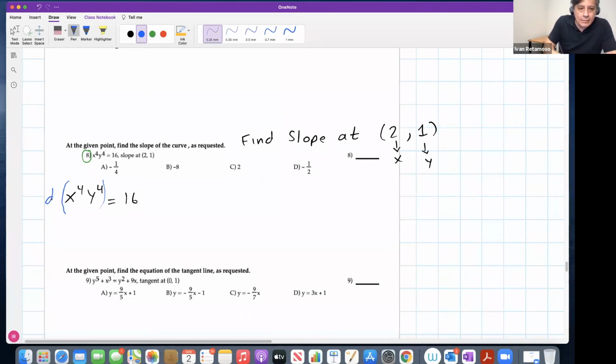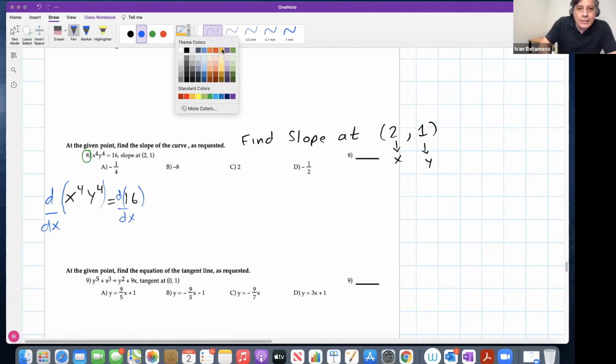So take derivative here with respect to x. Don't forget to use product rule there, right? And derivative with respect to x here, which is going to be 0, right? Yeah, as a hint, I'm going to give you here that you have to use product rule here.